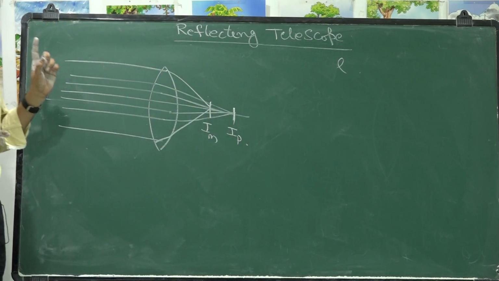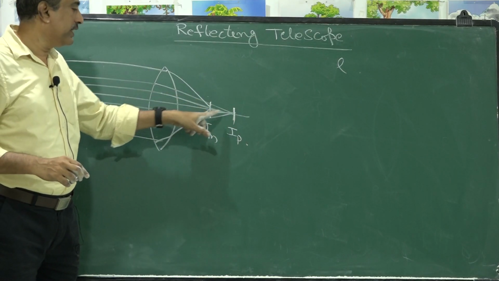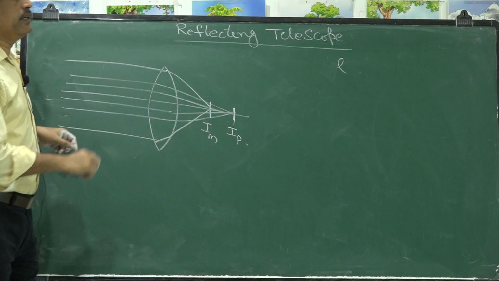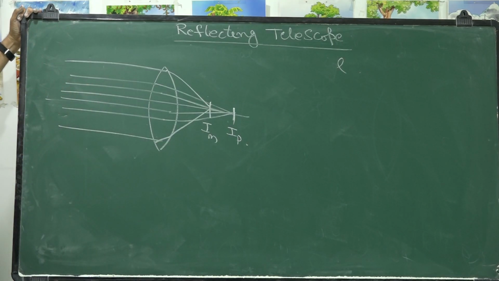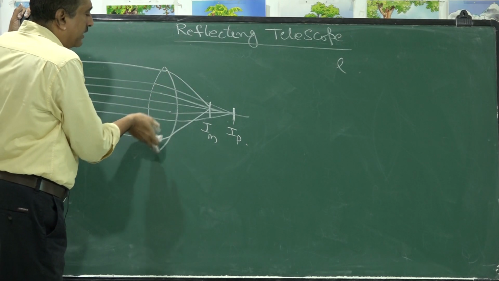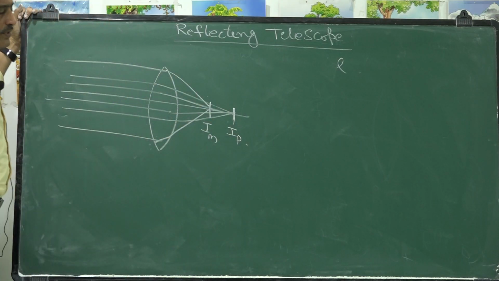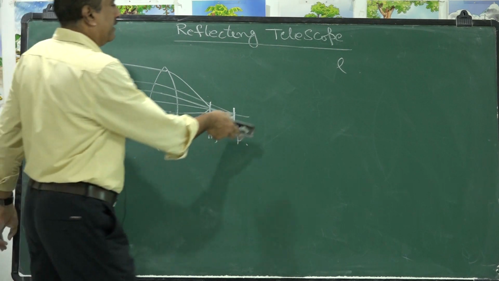That means for a point object we get an elongated image. This defect in the image is called spherical aberration. That means spherical aberration is the defect in image formation by a single convex lens due to the difference in deviation of the marginal rays and paraxial rays. Now, another one is chromatic aberration.